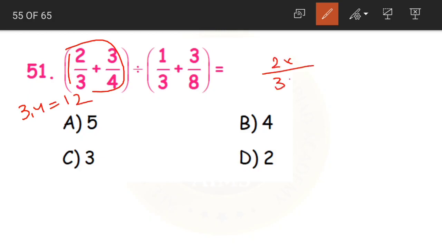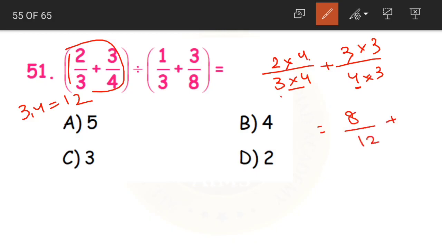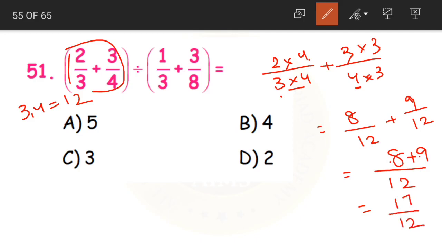So 3 into 4 we get 12, and 4 into 3 is equal to 12. So we multiply in the numerator: 2 fours are 8 divided by 3 fours are 12, plus 3 threes are 9 divided by 4 threes are 12. If we add these two together, we add the numerators and keep the denominator. 8 plus 9 becomes 17 divided by 12. 17 by 12 is the sum of the first set of fractions.